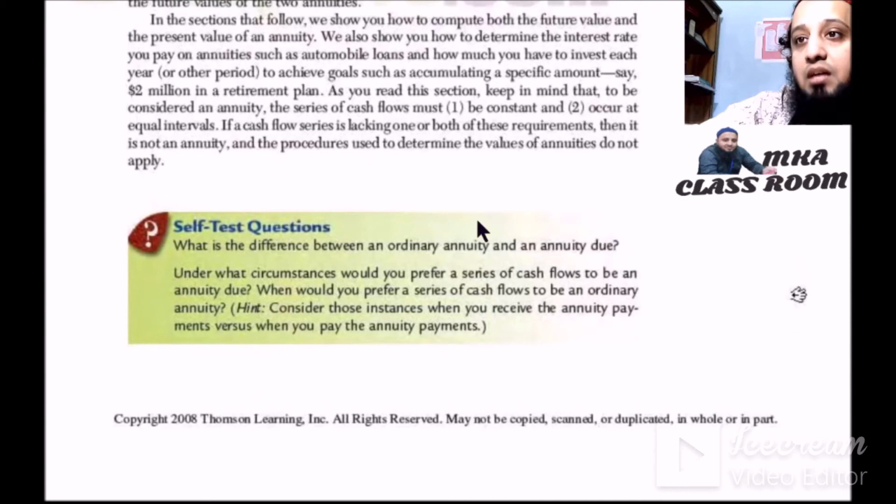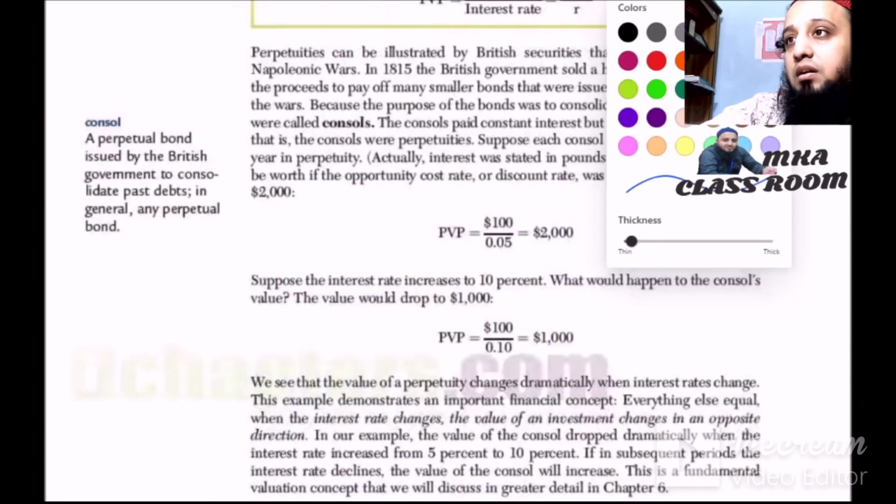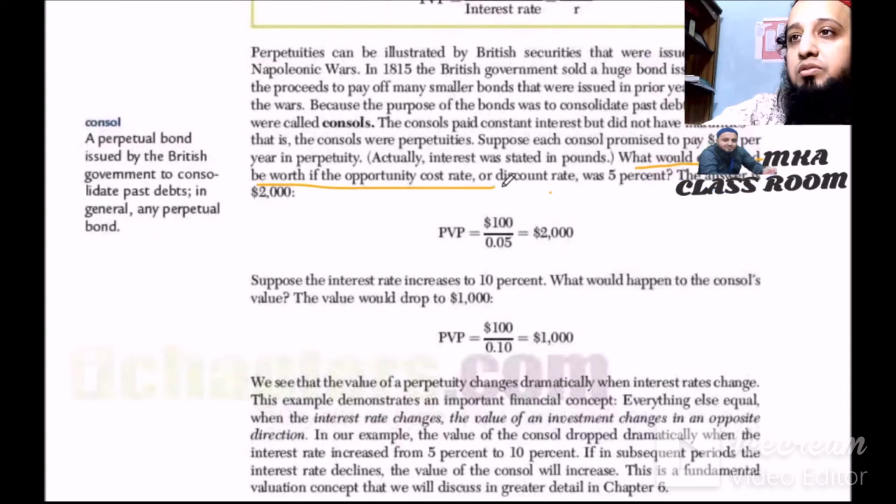Here is the problem. If each console promised to pay 100 taka per year in perpetuity, what would each bond be worth if the opportunity cost rate or discount rate was 5%? The answer should be 2000.